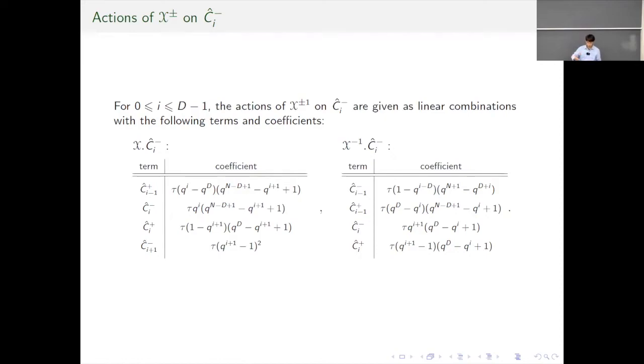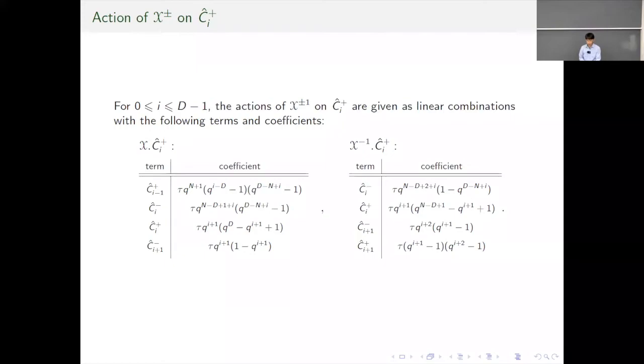So we routinely find this 4-term recurrence. And also, we can find the actions of X and X inverse on each characteristic vector Ci plus hat. And each of them is given as a linear combination of the 4-term recurrence.